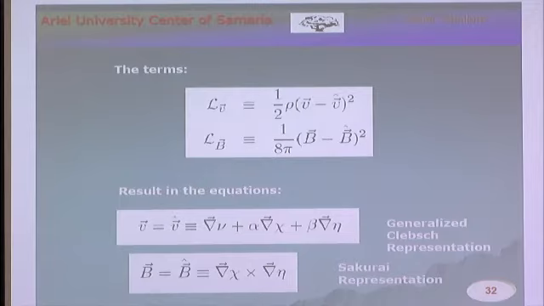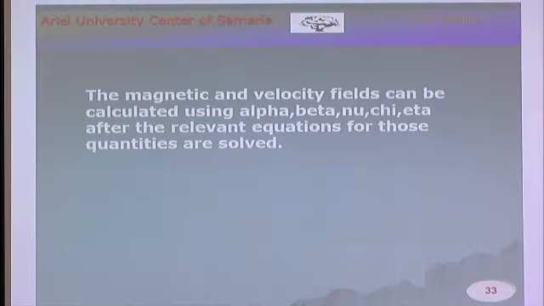Now, those terms only give you the generalized Clebsch representation and the Sakurai representation. So what you can do is assume that the velocity and magnetic field are defined by those potentials.